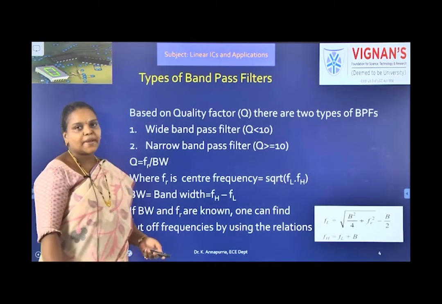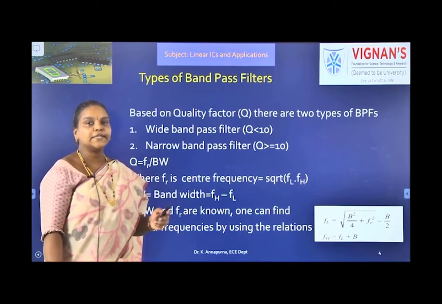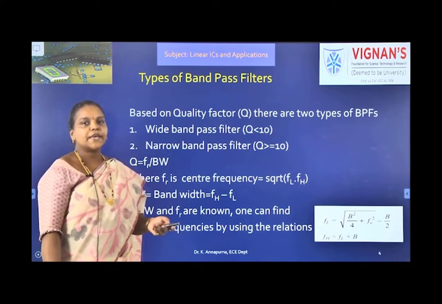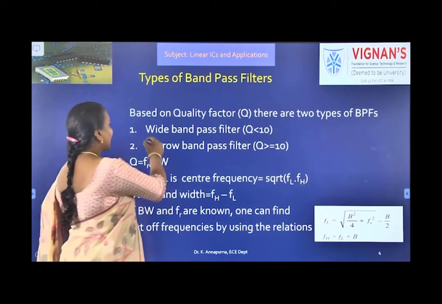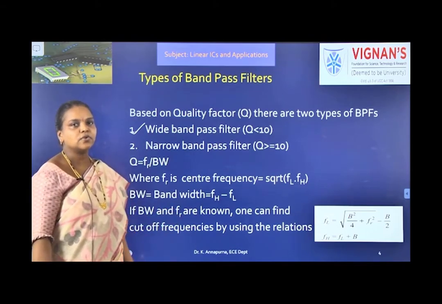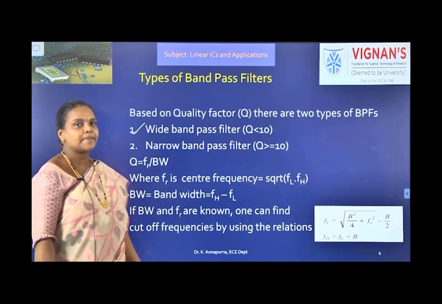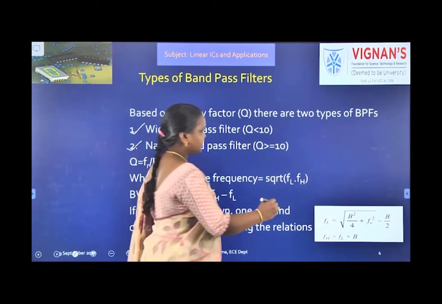And now, types of bandpass filters. There are two types of bandpass filters based on the quality factor, Q. If the quality factor is less than 10, they are termed as wide bandpass filters, and if the quality factor is more than or equal to 10, they are termed as narrow bandpass filters.